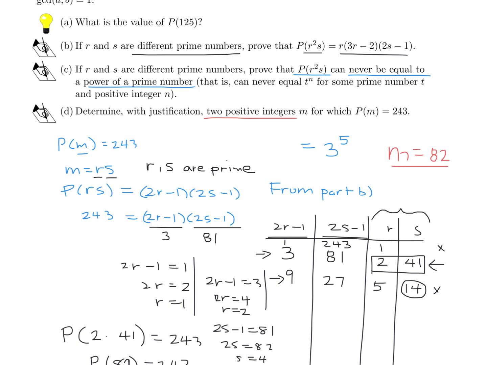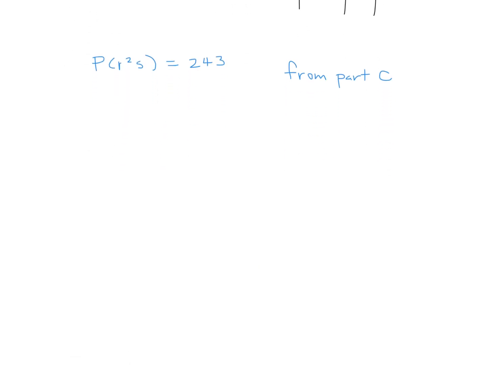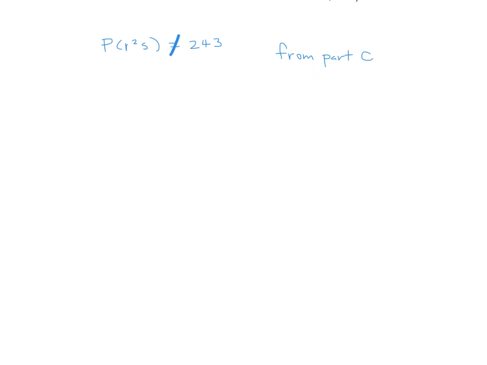We proved that. It can never be equal. So that basically means that this thing will not be possible because 243 is a power of a prime number. It's 3 to the power of 5, right? Okay, so that falls apart.